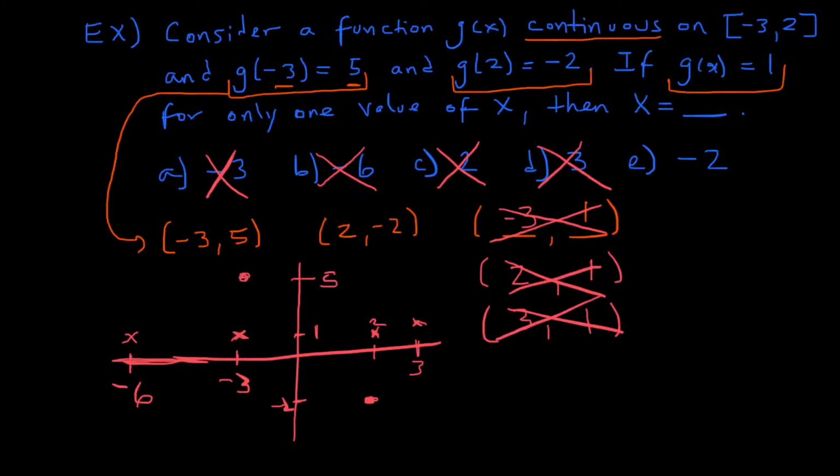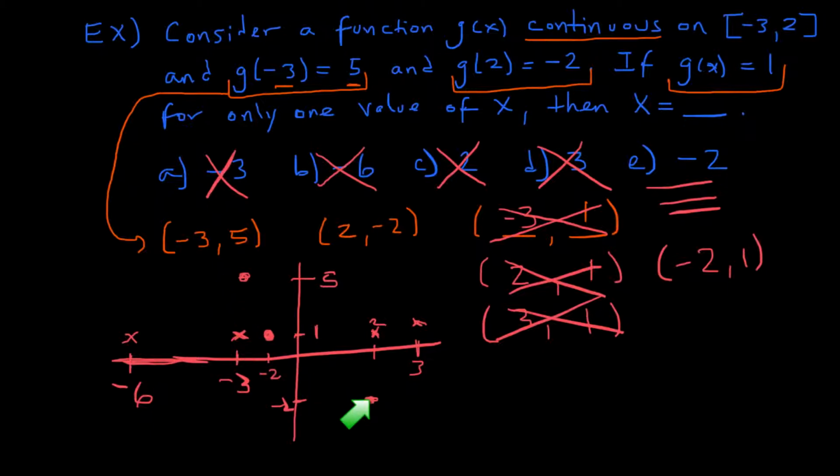It must be -2 now, but let's take a look at it. Where would that point be? The point (-2, 1) would be somewhere here. And then, would that make a continuous function? If I have to go from this point, and I have to land on this point, and somewhere in between I need to be continuous, could it be that it goes from here to there and then down here?